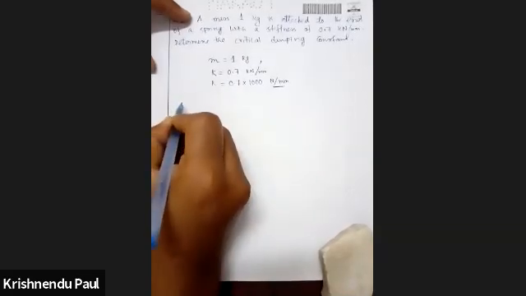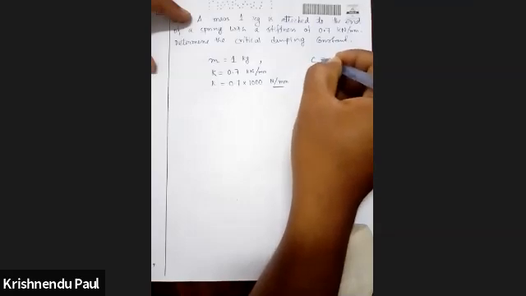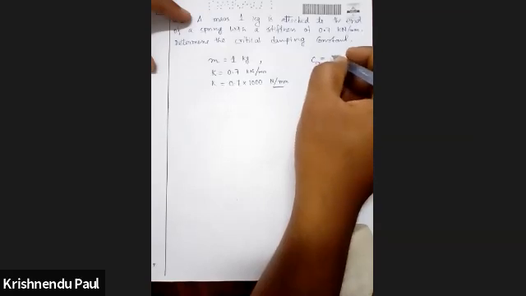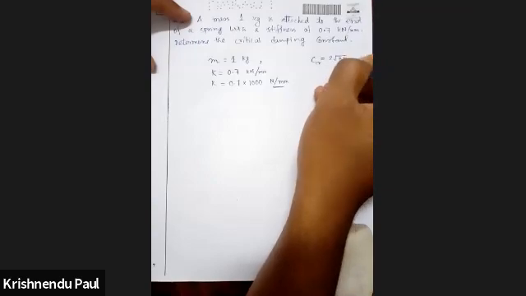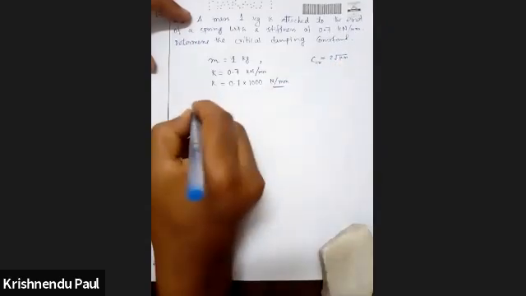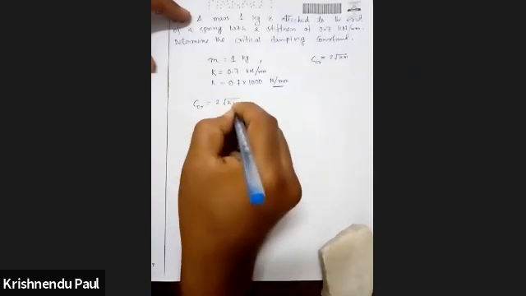Now we need to find the critical damping constant, Cc. The equation of Cc is what? You know, 2 root under km. Yes, we can use that. So Cc is equal to 2 root under km.